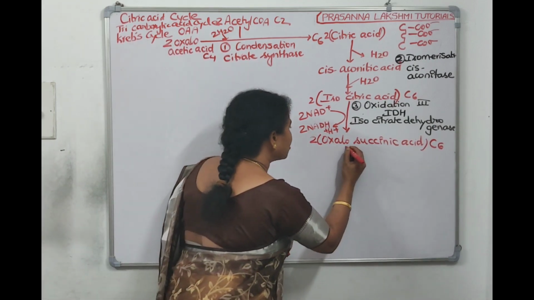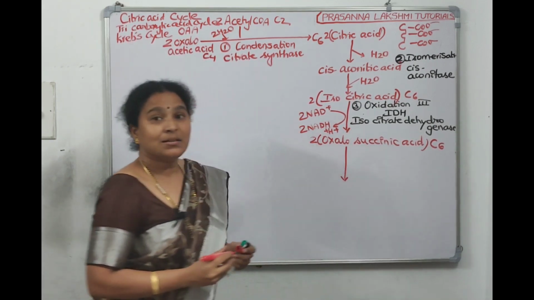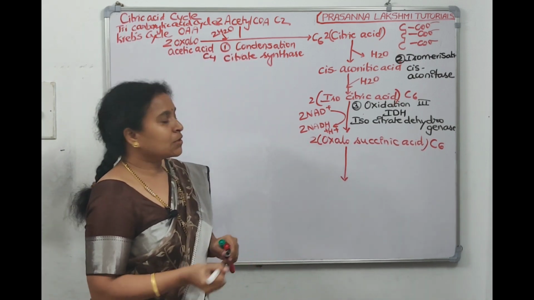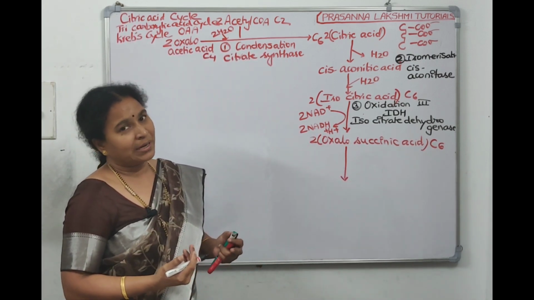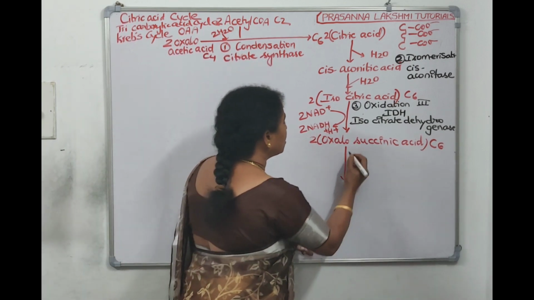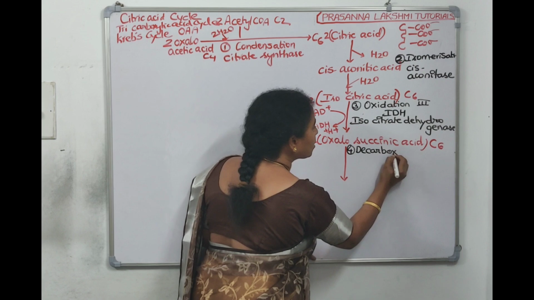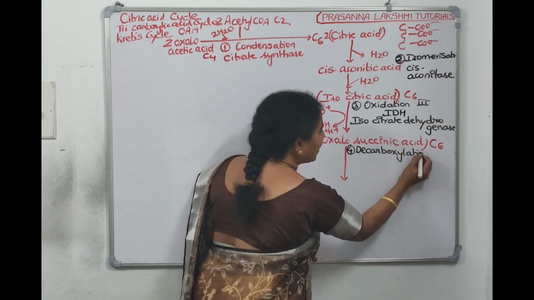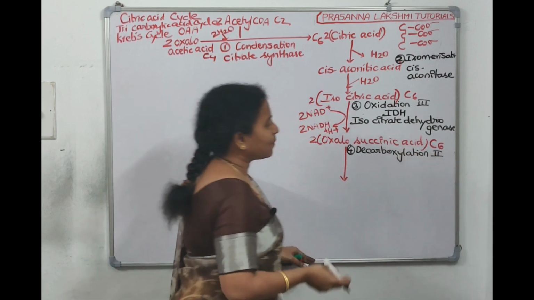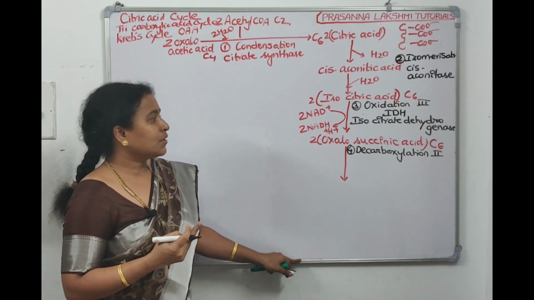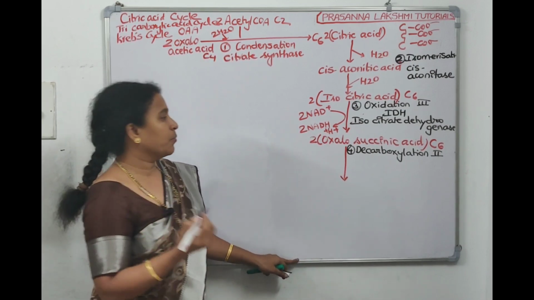Now the next reaction is called decarboxylation. So that means from a 6-carbon compound, when you remove CO2, it will become a 5-carbon compound. So reaction number 4 is decarboxylation. We have seen 1 in the link reaction, so this is decarboxylation 2. The enzyme will be called oxalosuccino decarboxylase.